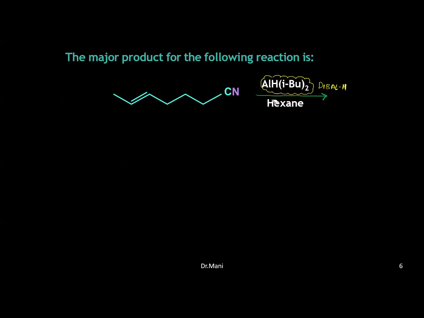If you want to know clearly why the hexane is needed, then I need to pull out the mechanism for this. But here they don't give that mechanism, and also I'm not dwelling deep into why the hexane is there. So just know it is a catalyst.